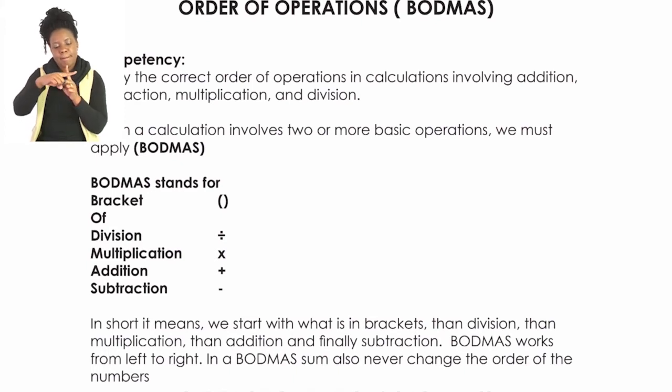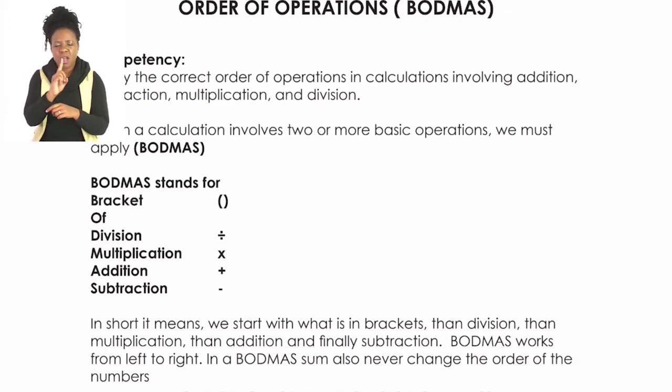Apply the correct order of operations in calculations involving addition, subtraction, multiplication, and division. So what is BODMAS? When a calculation sum involves two or more basic operations, we must apply BODMAS.